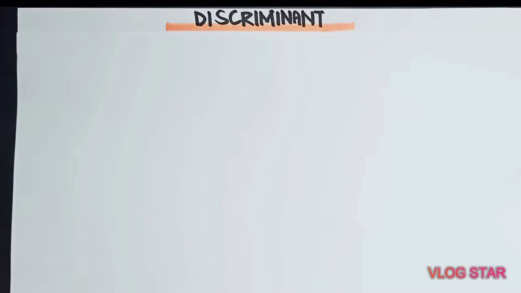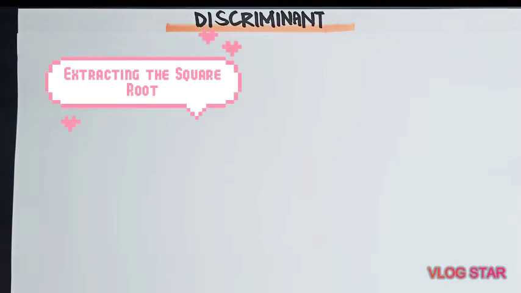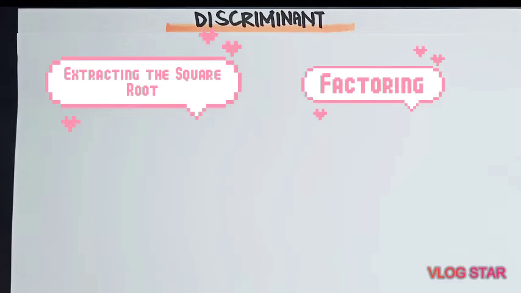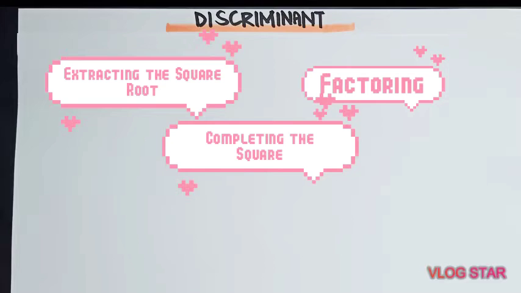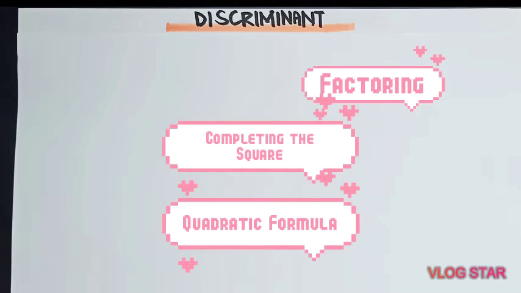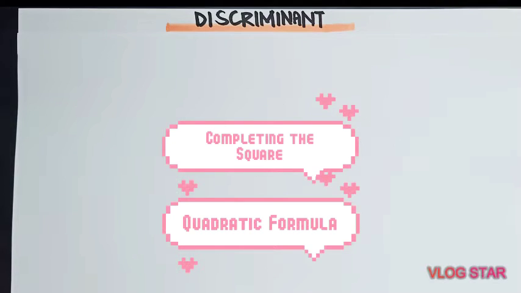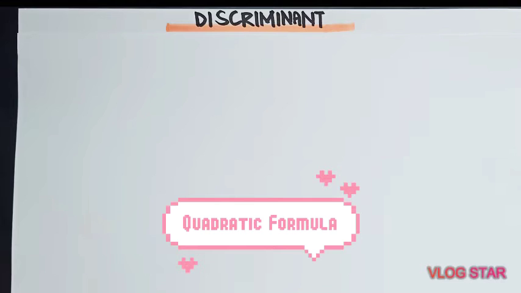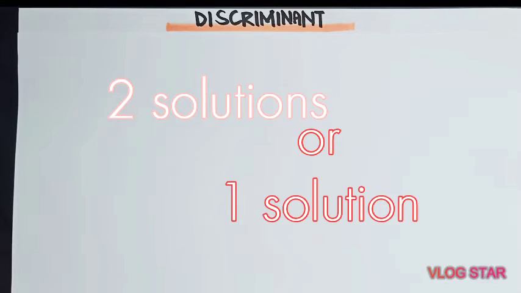Hello! We discussed from our previous lessons how to solve quadratic equations using 4 different methods. So we can solve a quadratic equation by extracting the square root, or factoring, or completing the square, or by the quadratic formula. And from our previous examples, we have found out that a quadratic equation can have 2 solutions or only 1 solution.